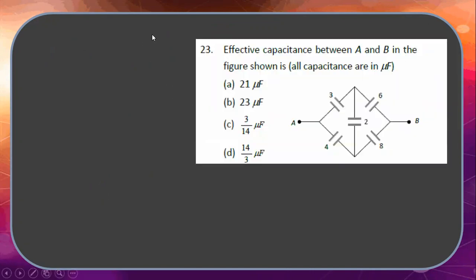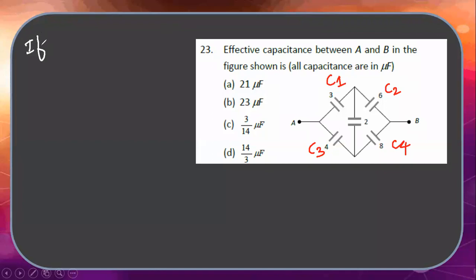This is it. Now for the effective capacitance between AB in the figure as shown, we have to take the Wheatstone bridge condition. What is that Wheatstone bridge condition? This is taken as C1, C2, C3, C4.